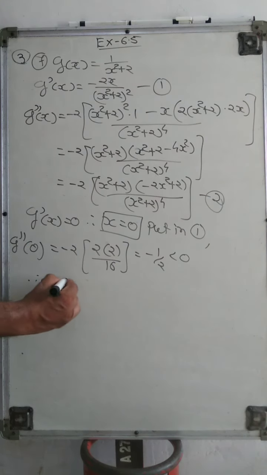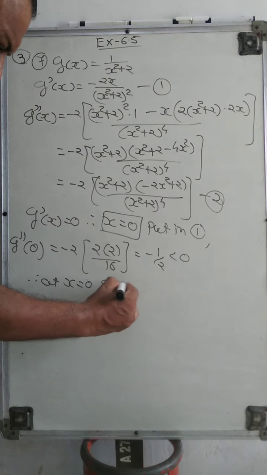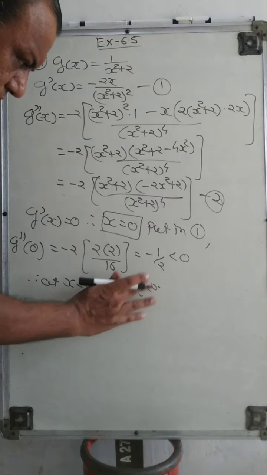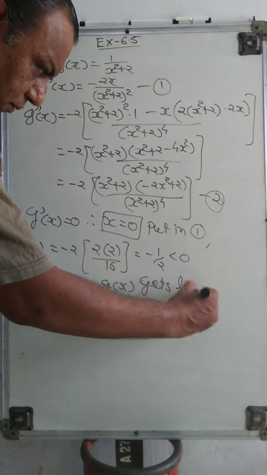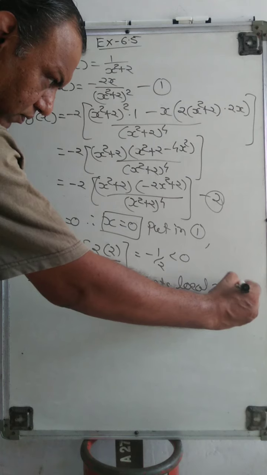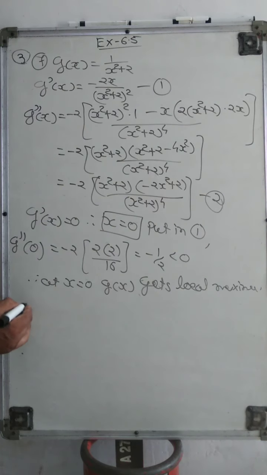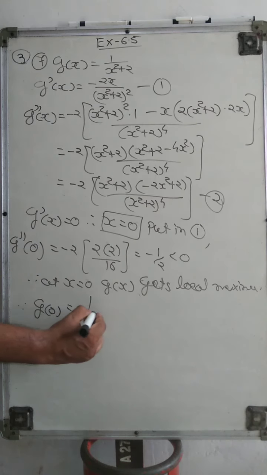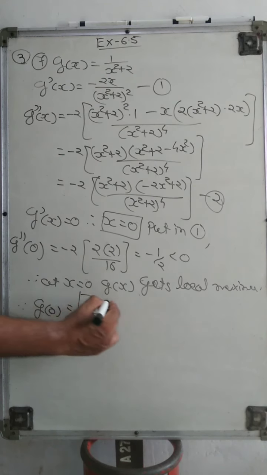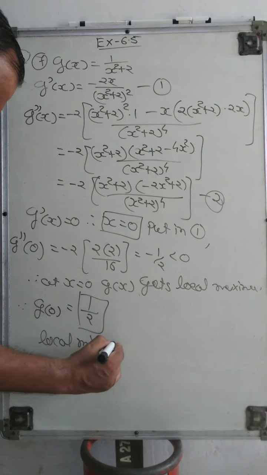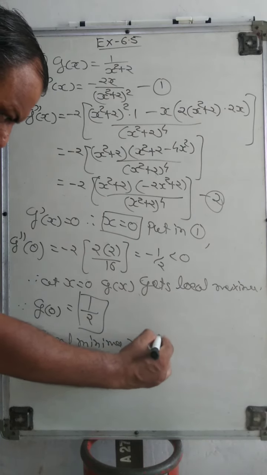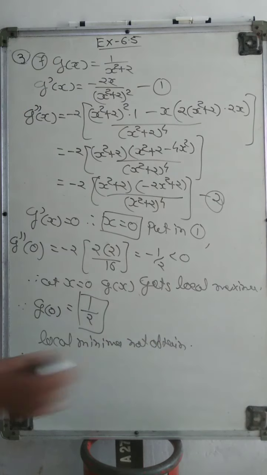Therefore at x equal to 0, g(x) gets local maximum, and the maximum value g(0) is equal to 1 by 2. Okay, so this way, local minima is not obtained. So this way we can find our answer. Now we go for the next one.